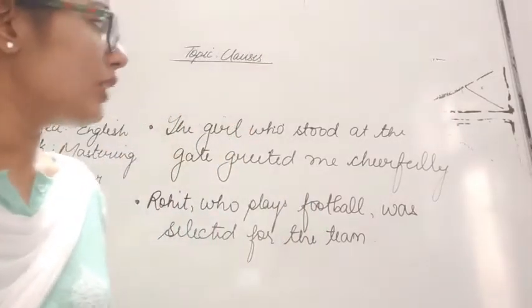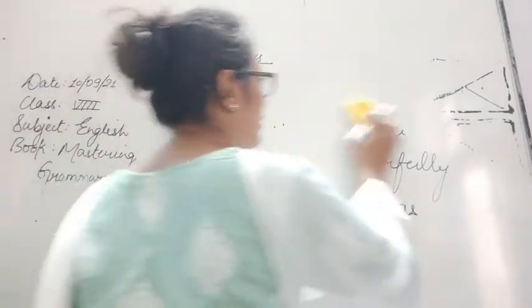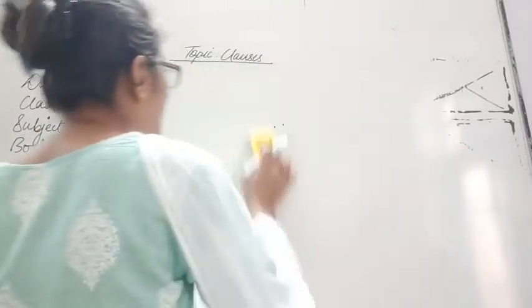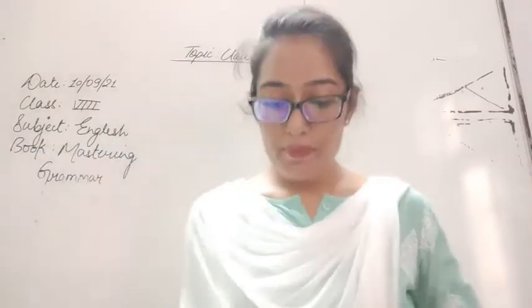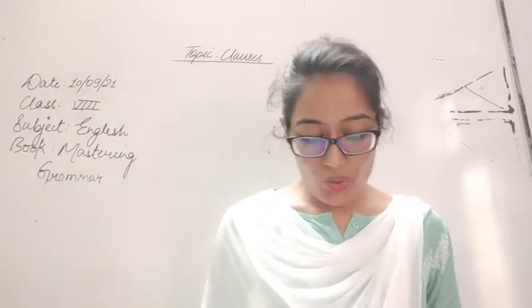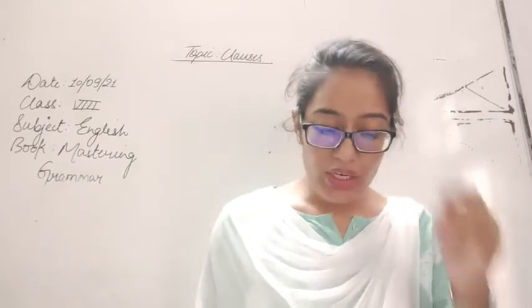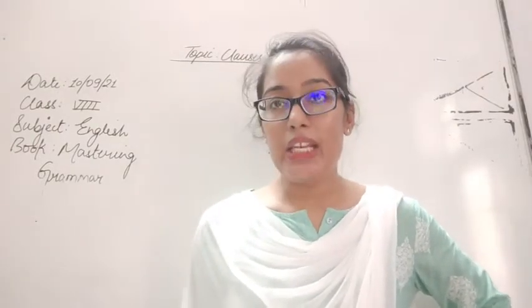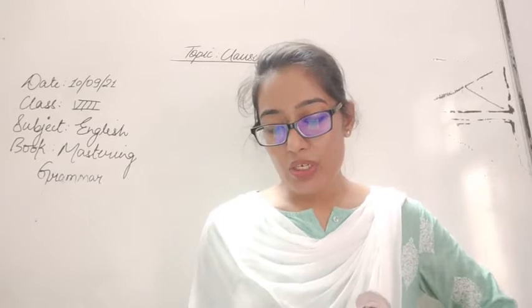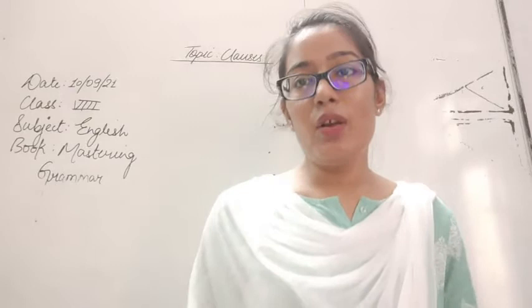Now let's move on to the last exercise of this chapter. Combine these sentences together by converting one of them into a relative clause. Some students have come to meet the principal. They are waiting outside.